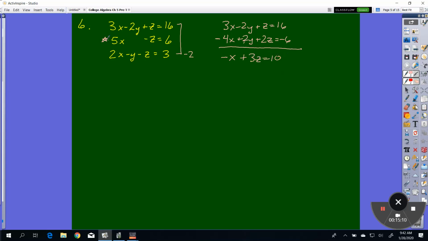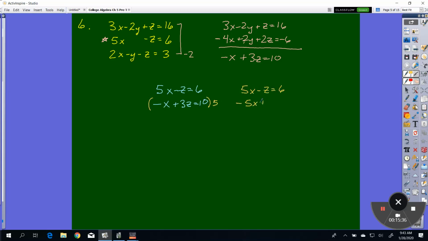So I'm going to use the start equation and this equation. I'm going to combine them, and I'm going to get rid of the x's or the z's. So here's my two equations. So I'm going to multiply this bottom one all by 5. So I have 5x minus z equals 6.